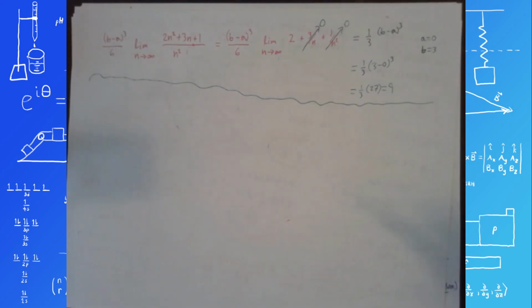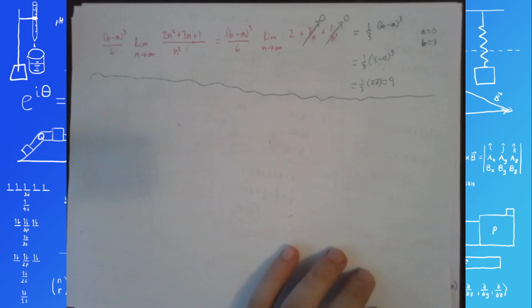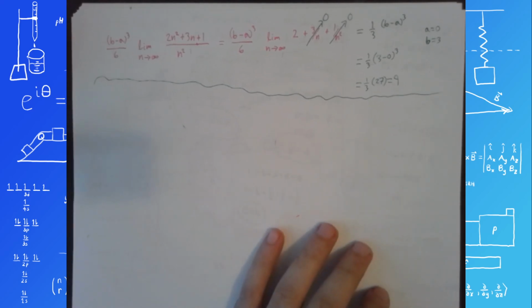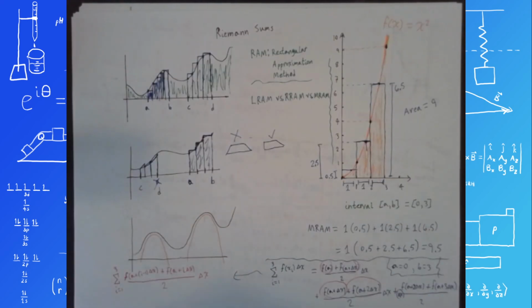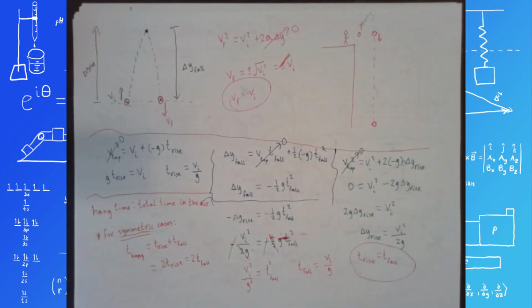So I did figure out why this did not come out to what I was expecting it to be. I was expecting to get 1/3 b cubed minus a cubed, but the reason I didn't get that is because, let's see, which page was it on? Was it on this page?